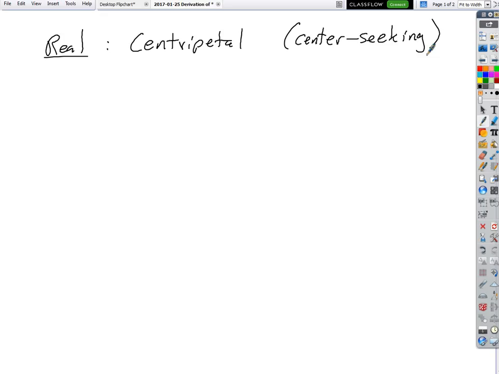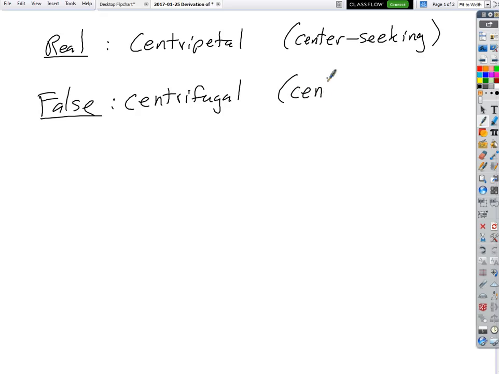Now the apparent force, the false force, the one that doesn't really exist, is the word that gets used much more often in everyday language: centrifugal. Every time someone says centrifugal, they mean centripetal.